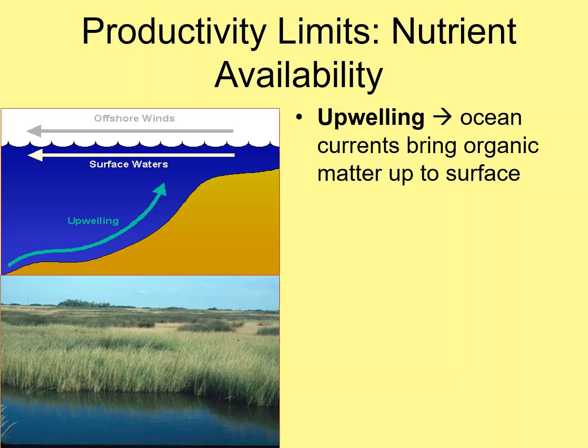So where do these limiting nutrients come from? We've already talked about the process of upwelling and how this brings basically recycled nutrients up to the surface. You can get situations where living systems, like bacteria and so on, can convert inorganic forms of nitrogen and phosphorus to organic forms, and we're going to talk about that a little bit more in just a second when we look at nutrient reservoirs and where nutrients are stored.